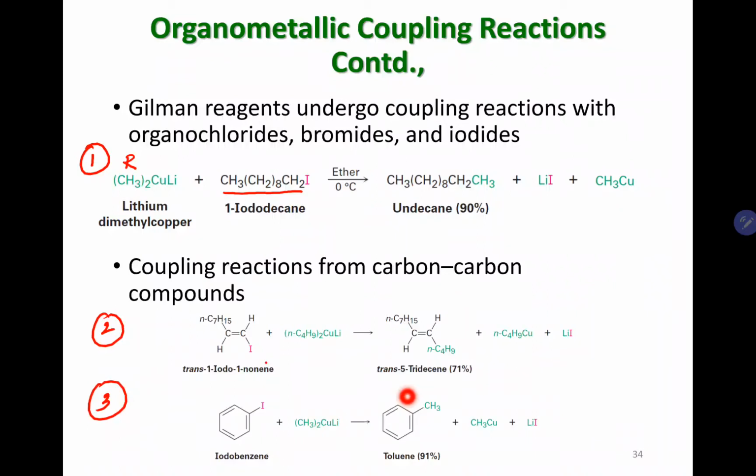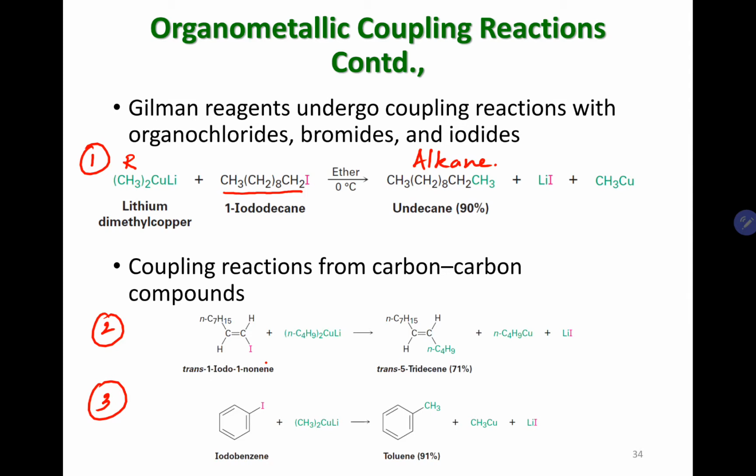So you are reacting a Gilman with an alkyl halide, and the organic group from the Gilman will be coupled with the R group of the alkyl halide, giving you an alkane. The product will be an alkane. That is the first reaction, and we have seen a very similar reaction with Grignard reagent reacting with alkyl halides. But the next couple of reactions are actually much more unique to Gilman reagents.